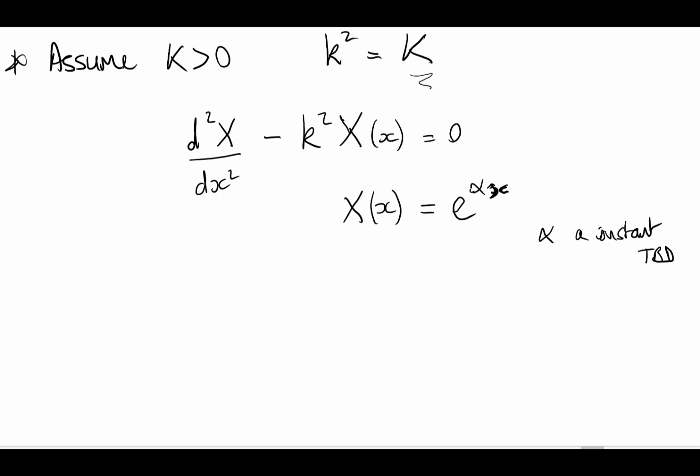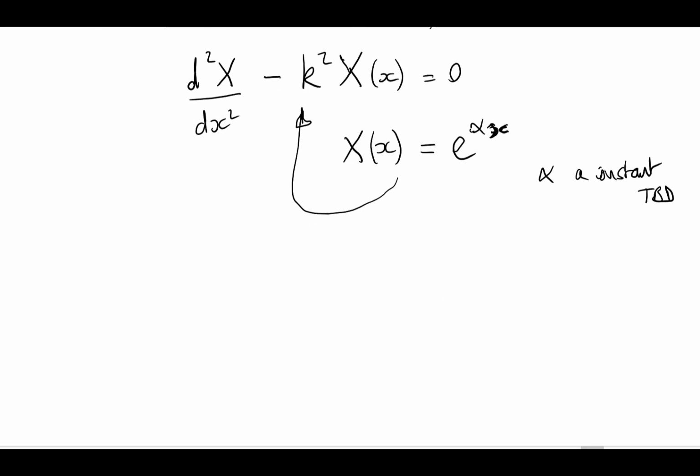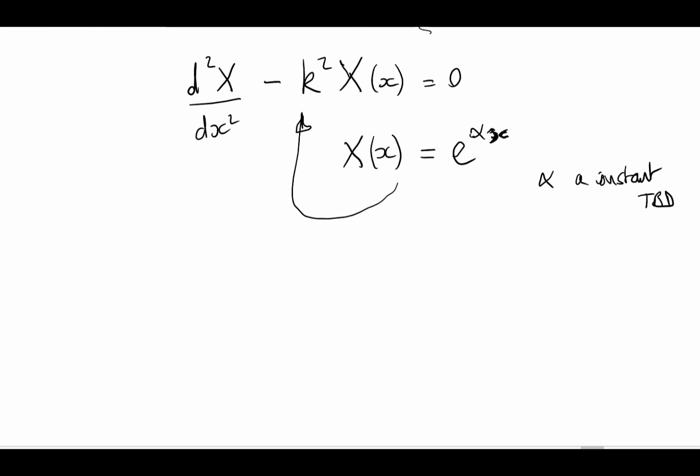So let's try plugging this into our equation. Of course, if we take the second derivative of this X expression, we're going to get alpha squared e to the alpha x.